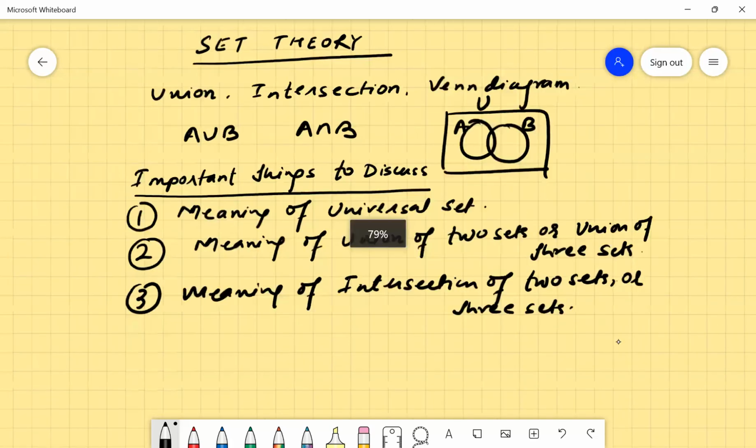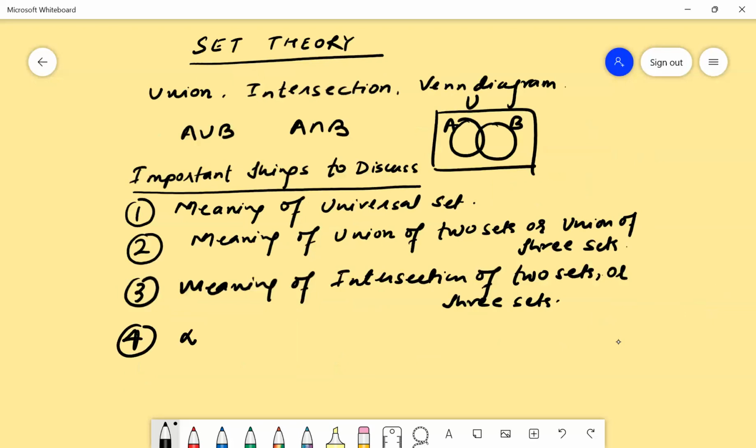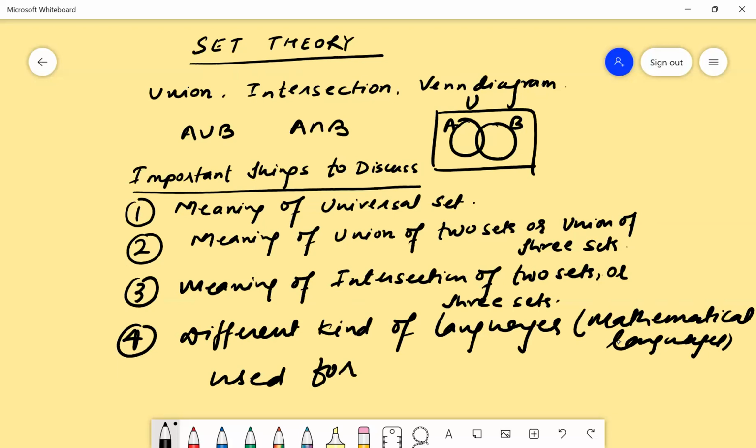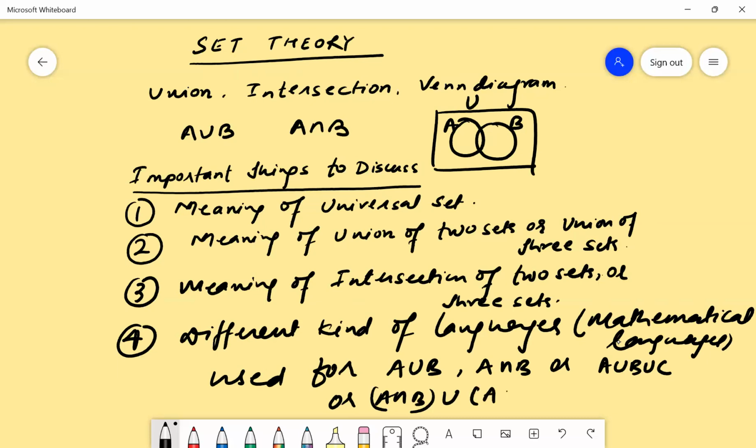And the most important one, the fourth one, different kinds of languages, or rather, mathematical languages used for A union B, A intersection B, or A union B union C, or A intersection B union A intersection C union B intersection C. These kind of things.